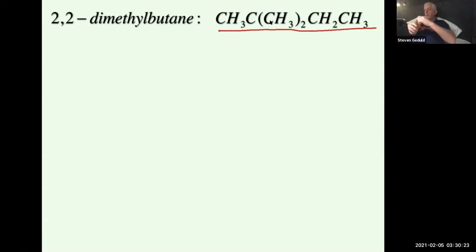Okay. So we start with the CH3. That's this right here. Right? Then we have a carbon, line, carbon. And that carbon has 2 CH3 groups attached to it. 1, 2.